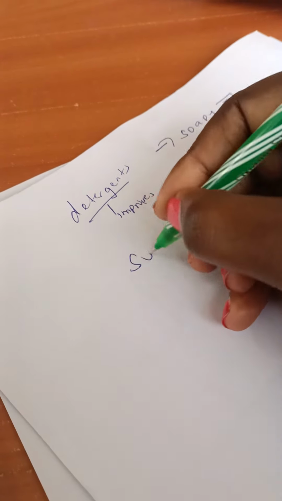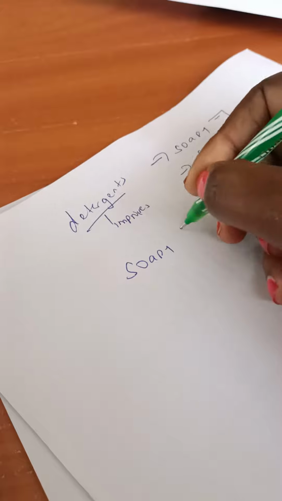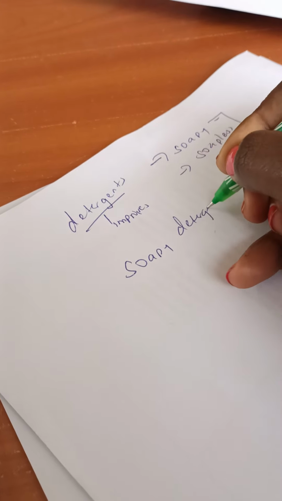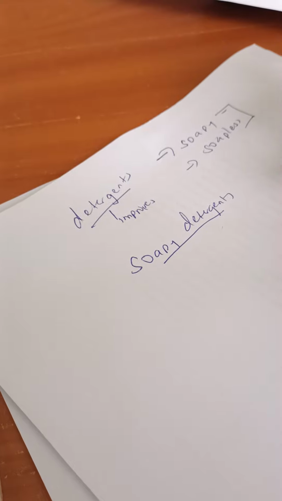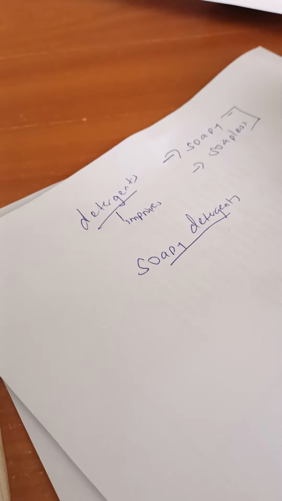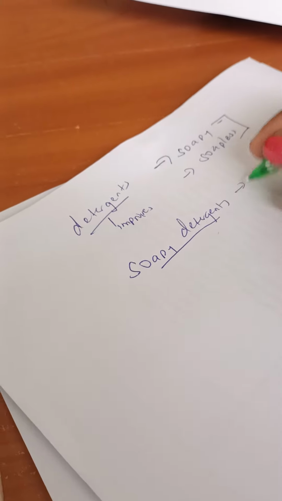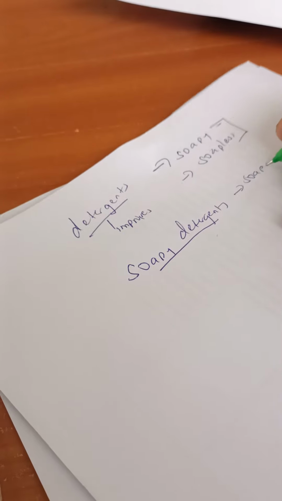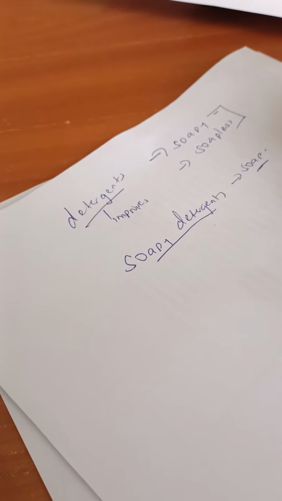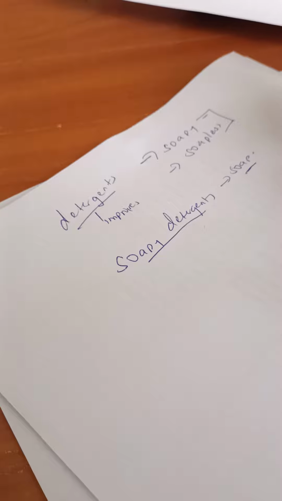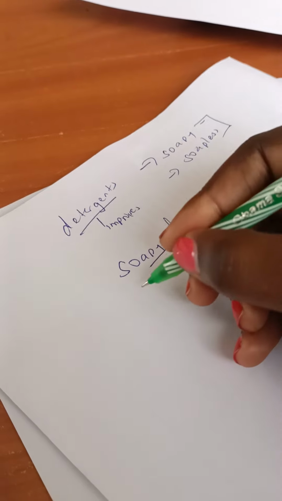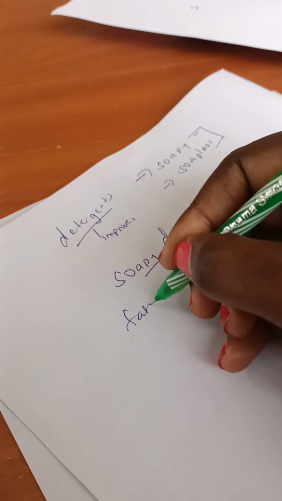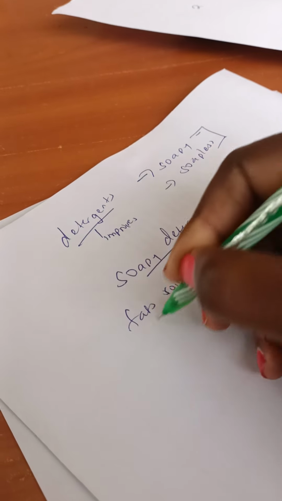How do you know a soapy detergent? Soapy detergents are also called soaps. So when someone says they want a soap, they only want a soapy detergent. They are prepared using fats and oils.